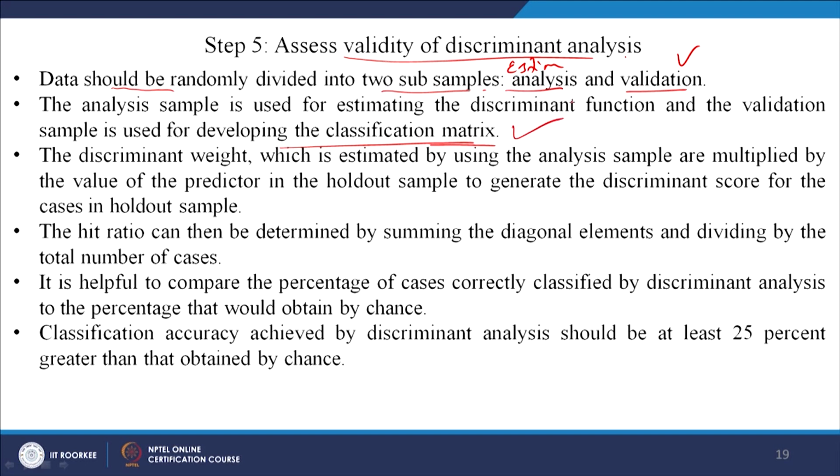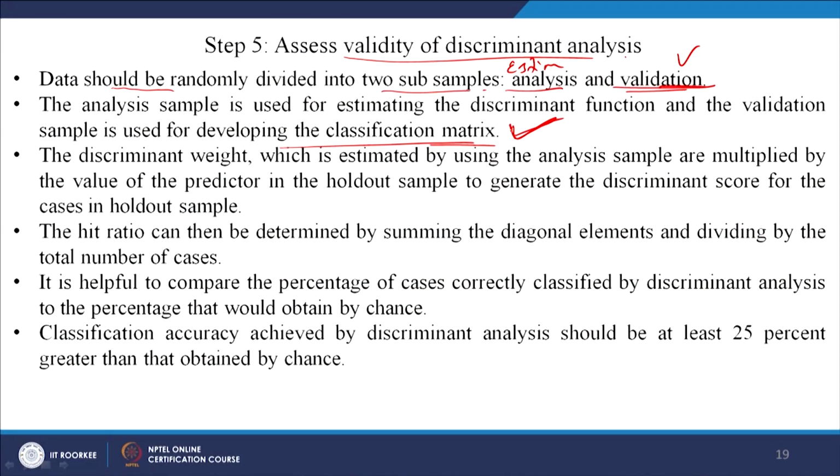Now, in logistic regression also you had seen a classification matrix, which helped you calculate the hit ratio, which told what percentage of the values were predicted correctly and thus how strong the model was. For example, in the last case, if I remember, our model had classified 91.2% of the cases correctly in the logistic regression. So, here the classification matrix tells you whether the model is sufficiently explaining the whole process or not.